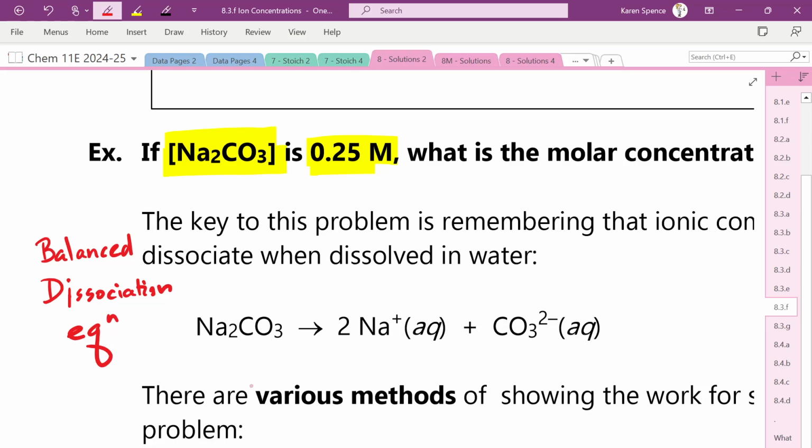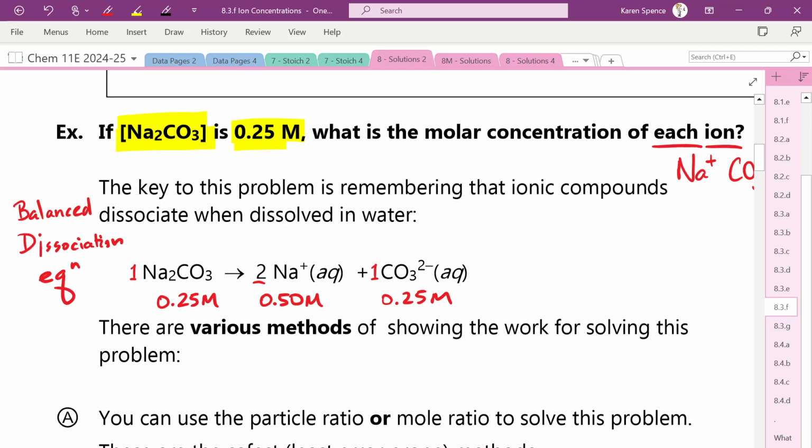I would write underneath here, if this is 0.25 molar, then the carbonate will also be 0.25 molar because they both have a coefficient of 1. And what would the concentration of the sodium be? 0.50 molar. And that's all you would have to do. Yes? However, depending on how intuitive this is for you, you can choose other methods of showing your work.